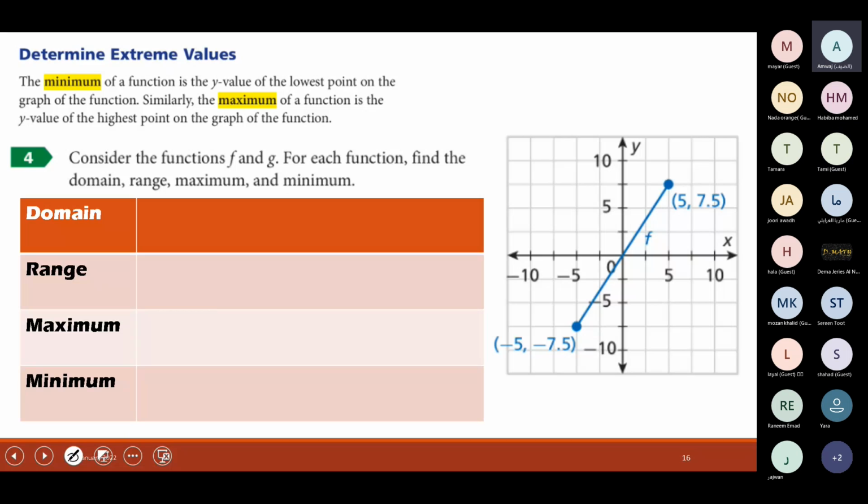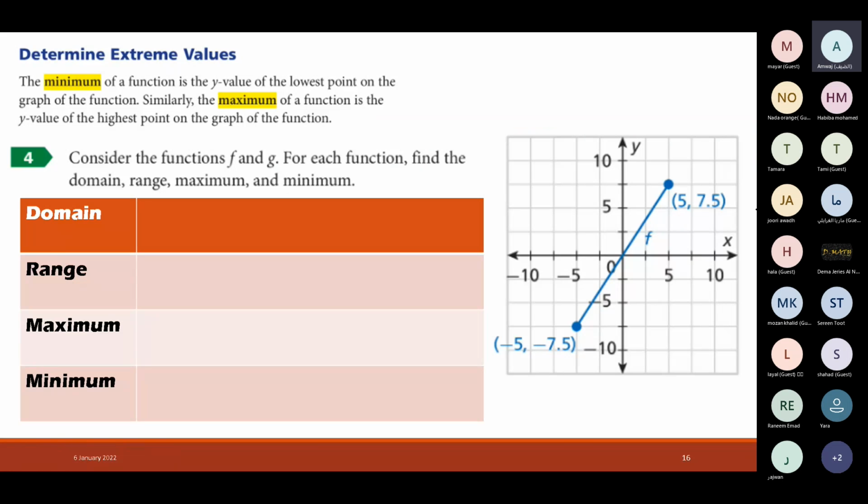Now we're going to talk about the last characteristic of the linear function, where I will determine the extreme values. What do I mean by the extreme values? The extreme values are the minimum value of y and the maximum value of y.